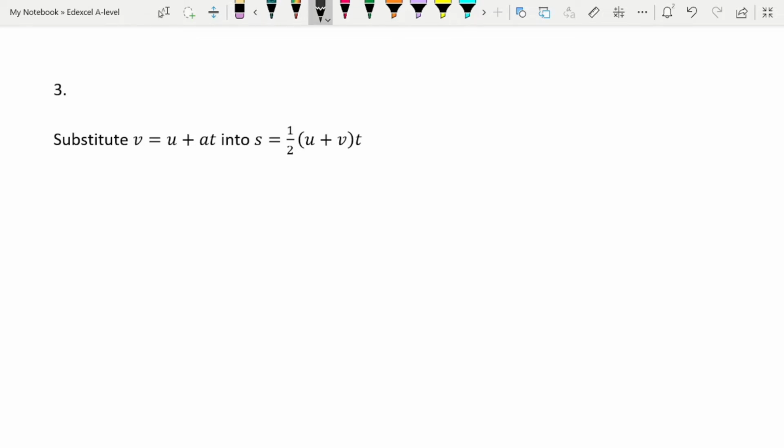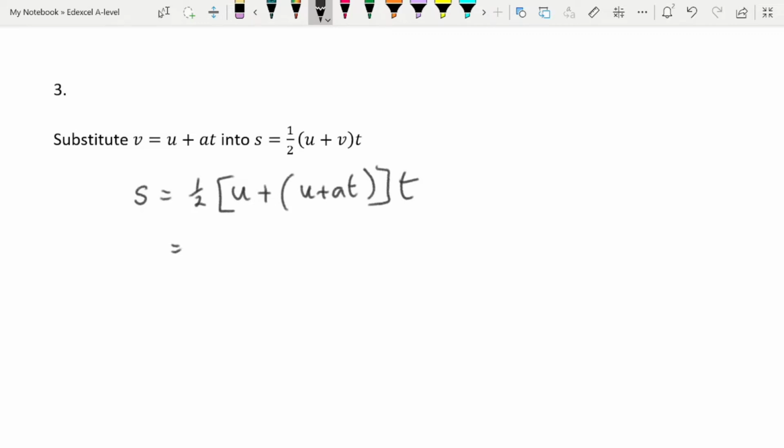So what we're going to do is substitute one into the other. So we're going to get s is equal to half, and I'll do this nice and slowly. Okay.